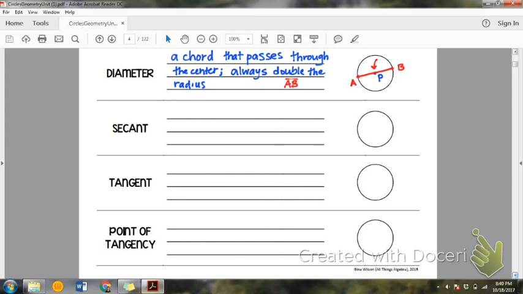Okay, next one we will say is the secant. And a secant is a line that intersects a circle in exactly two places.